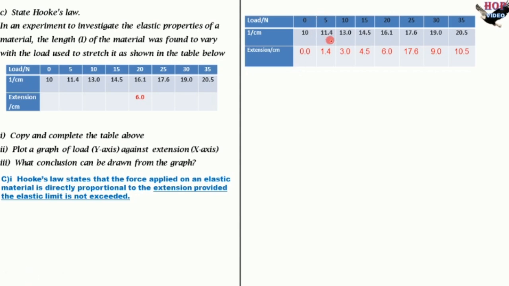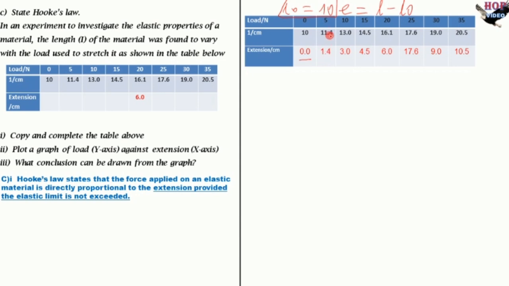So to complete the table, we simply do a subtraction, where extension E is equal to the length minus the original length. Here the original length L0 is equal to 10. So the first thing we do is take 10 minus 10, we have 0. We now go to the next extension.